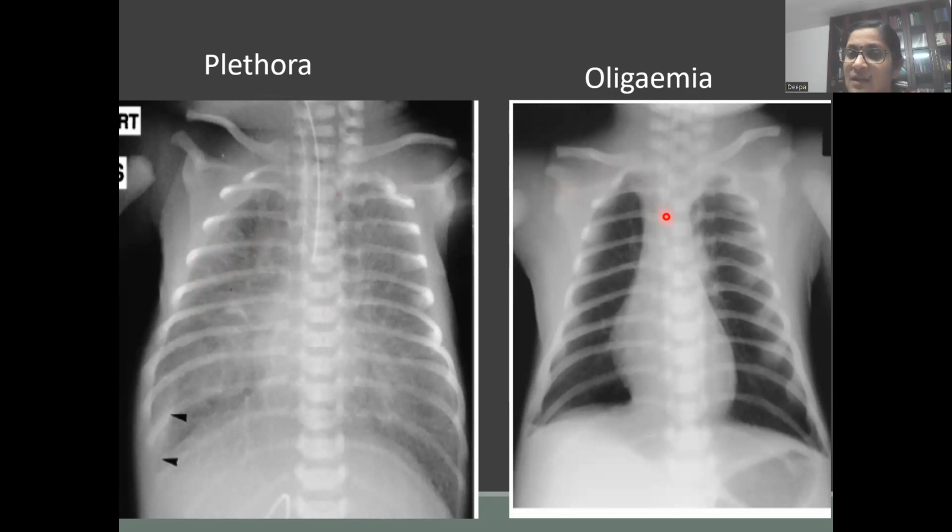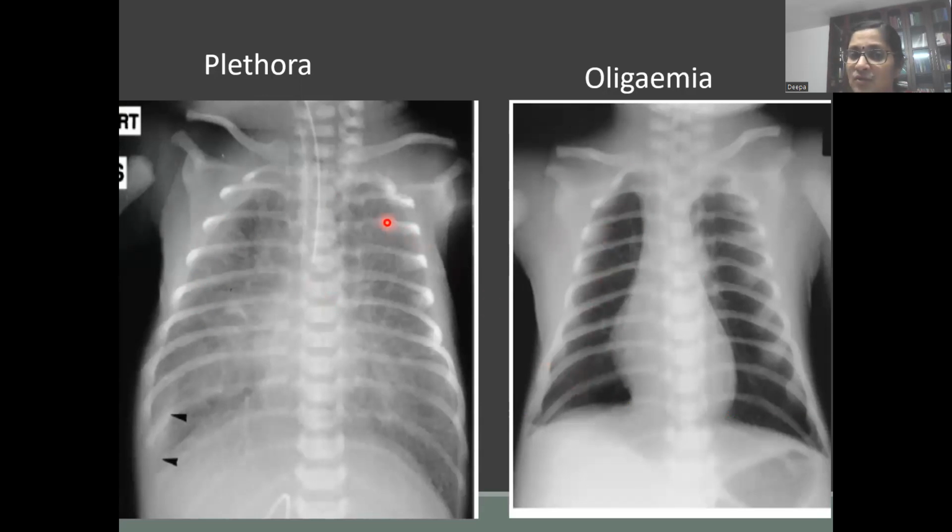Whereas on the other hand, if you take this X-ray, the pulmonary vascular markings are not seen beyond the initial 1/3 or the medial 1/3 of the lung. So there is pulmonary oligemia. One important thing is, normally in an X-ray you would be able to appreciate lung markings till the middle 1/3 of the lung.